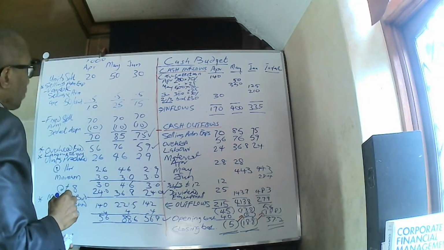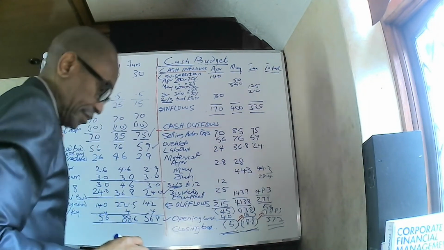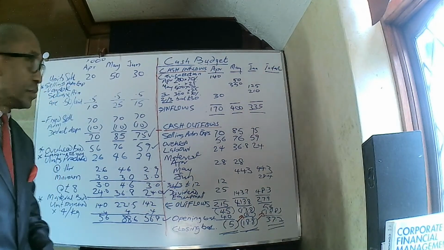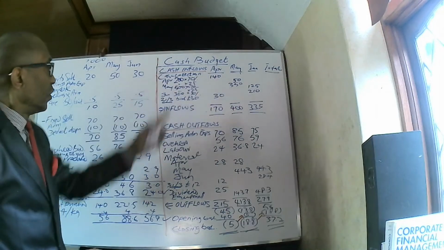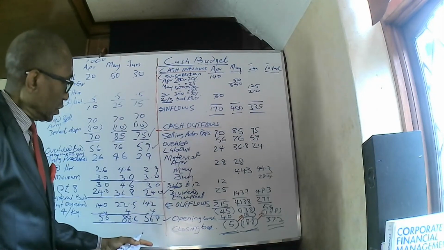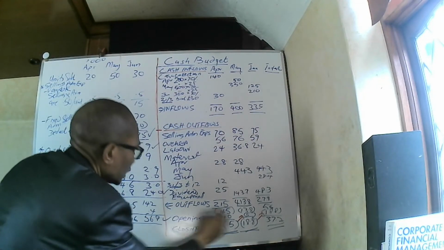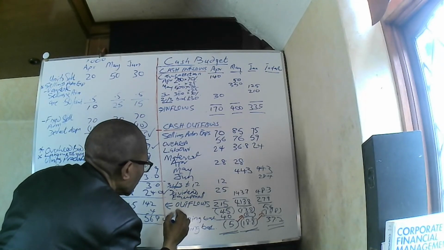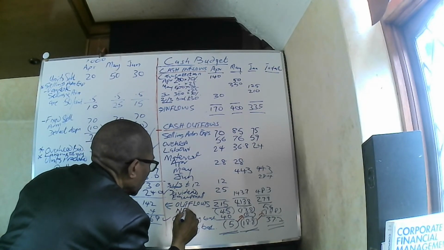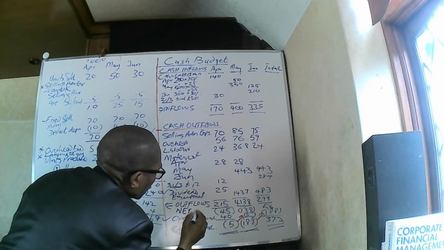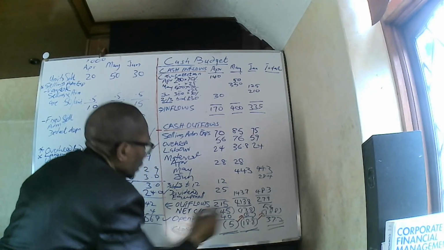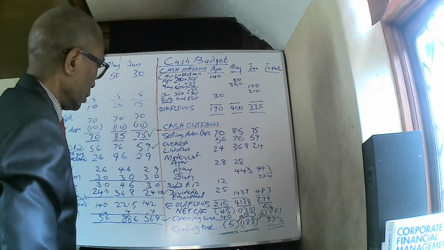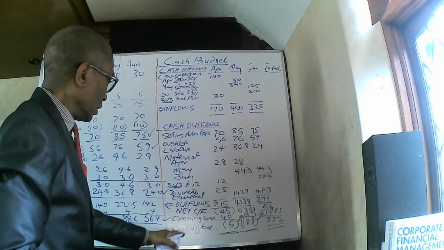So the total of them. Okay. That's it. Cash inflow, cash outflow. And this is net cash flow. Opening balance, closing balance.